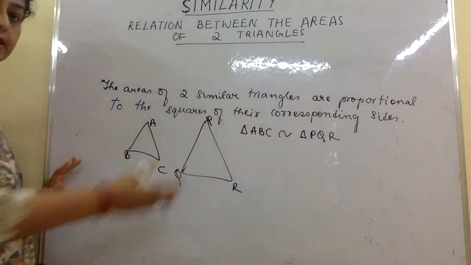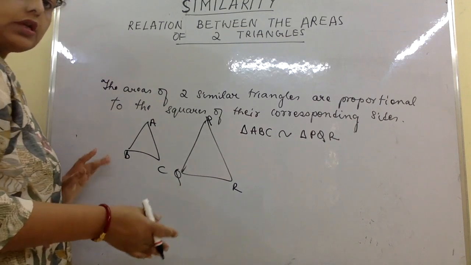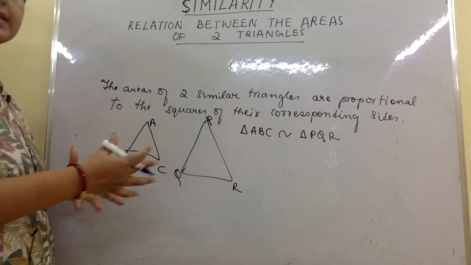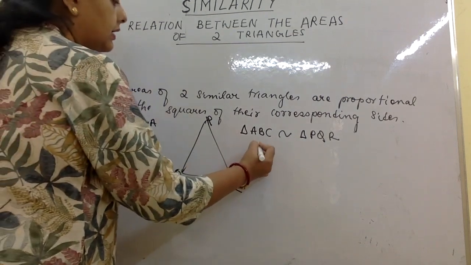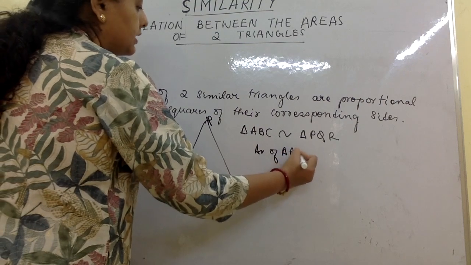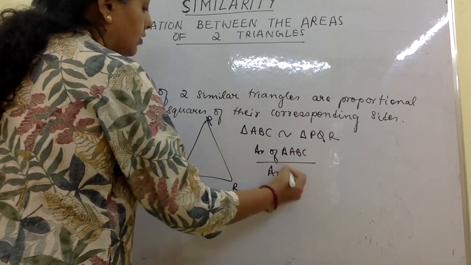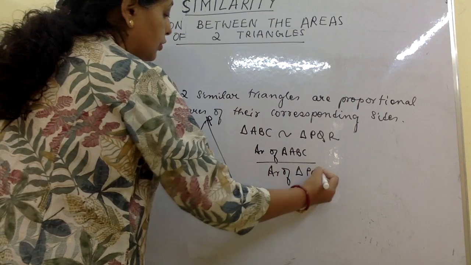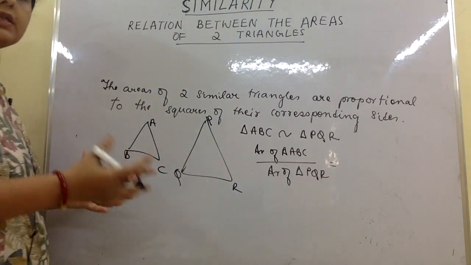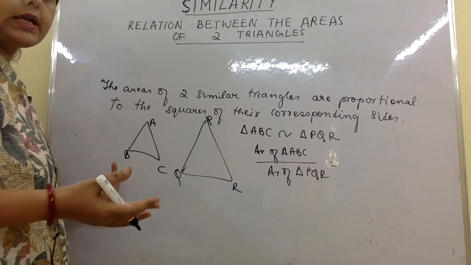It is already declared, or if we can prove it by some method, only then can we say that the area of triangle ABC by the area of triangle PQR is equal to the ratio of the squares of the corresponding sides.